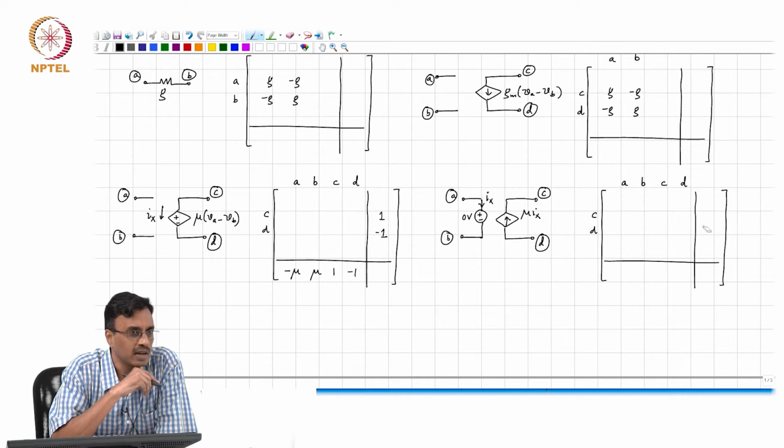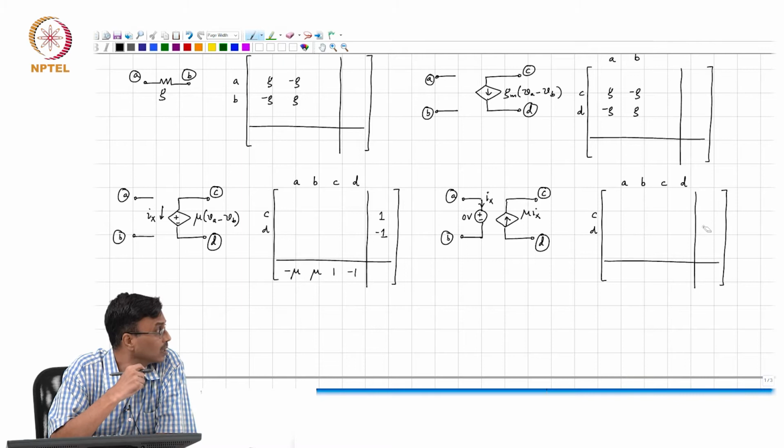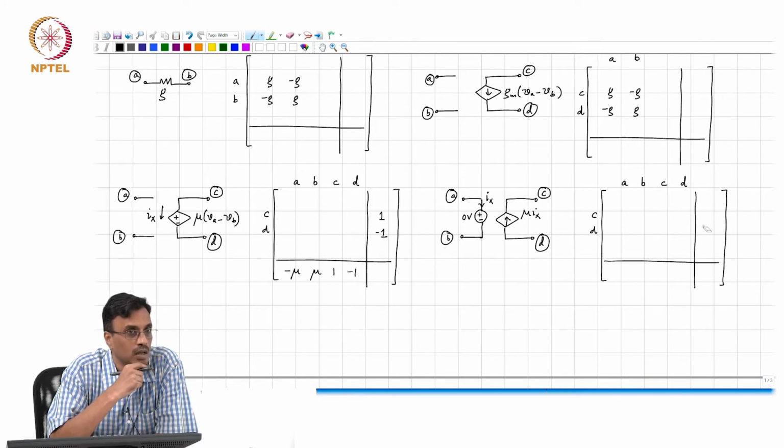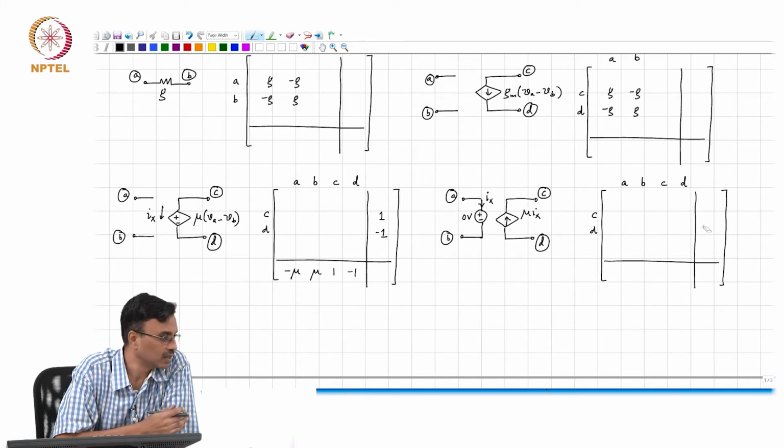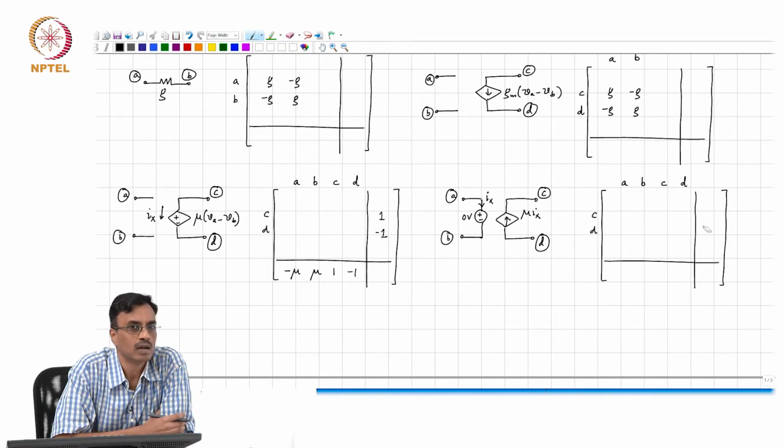Do we need an auxiliary unknown, or is there an extra unknown? Why? What are all the unknowns that are there in the network? Please remember that all node voltages and currents that are flowing through voltage sources are all unknowns.